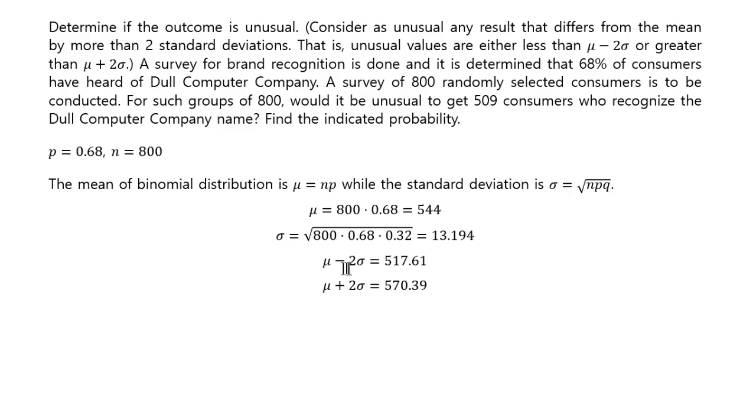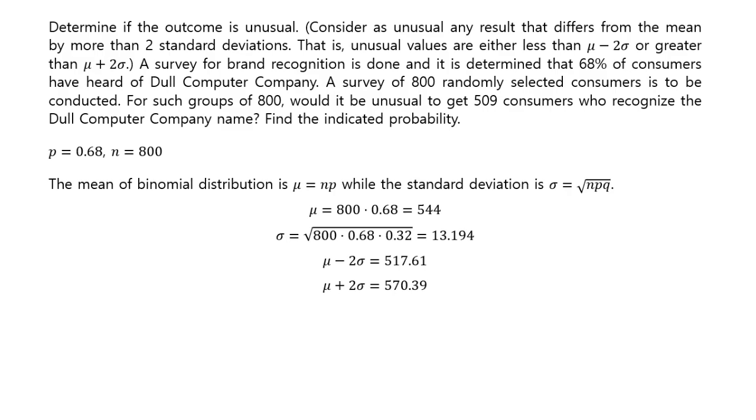As you can see here, if you double the 13.194, which is about 26, and do 544 minus 26, you get this value, and if you add the 2 sigma, then you get 570.39, okay? So you can do this with your calculator again, and what do you find? You see that 509 is outside this 517.